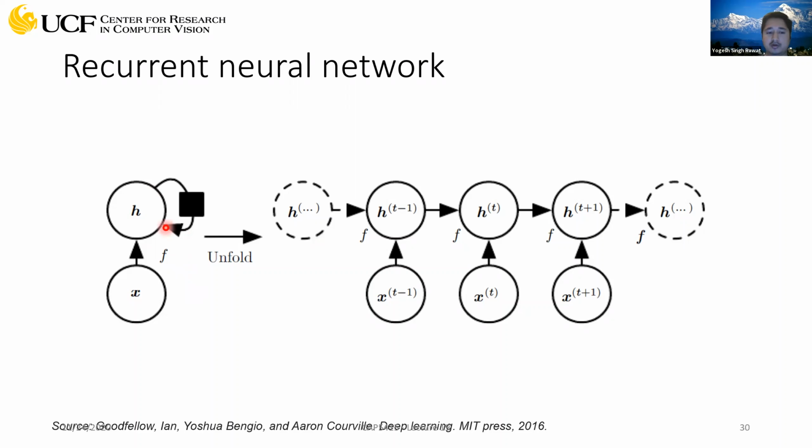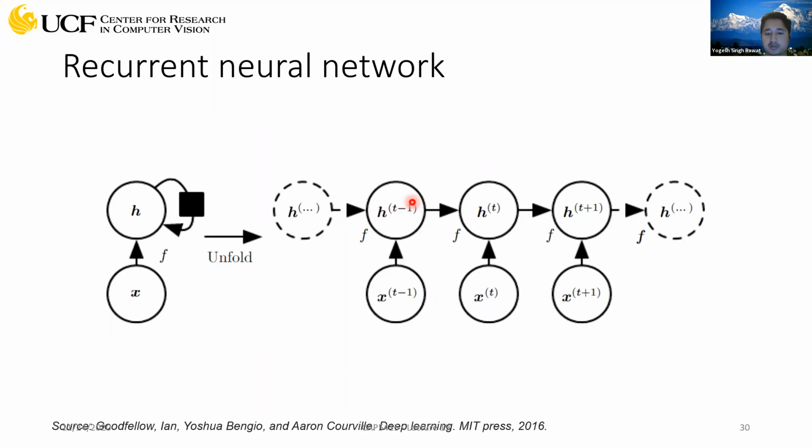And if you try to unfold that across time, this is something which you will get. Okay. And here you can see that you have broken down this input into different time steps, x t minus 1, x t, x t plus 1, and this could be a longer sequence as well. In this case, we are only showing 3 time steps. And again, this is the same network. We are just showing it separately for each time step.